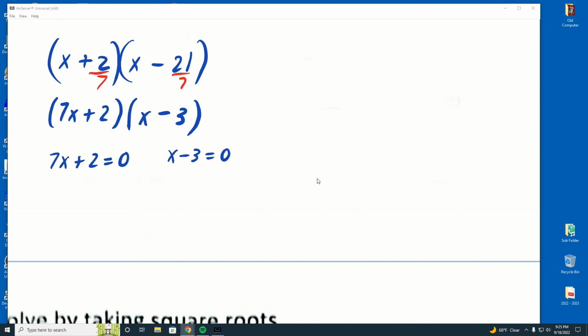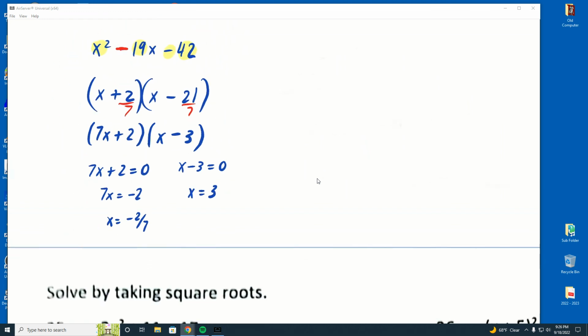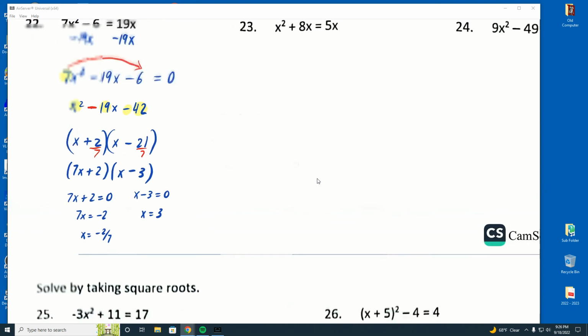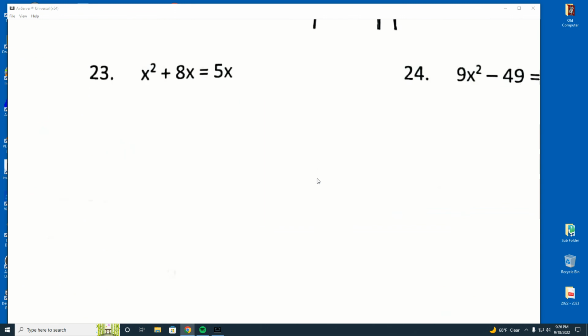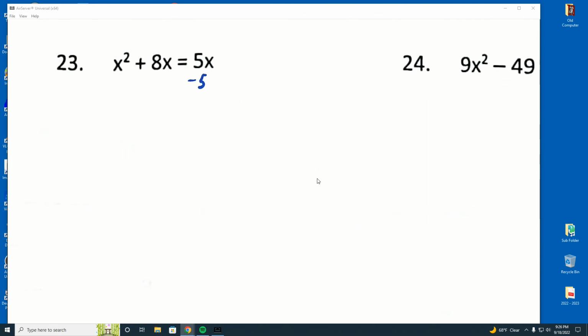So first, we're going to subtract 2. Then we're going to divide by 7. So one of my answers is negative 2 over 7. The other one we're going to add 3. So x equals positive 3. Okay? All right, moving along. Number 23. Again, we need to move everything on one side, so we're going to subtract that 5x.